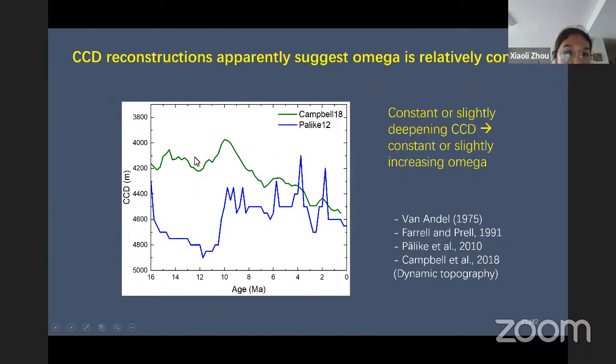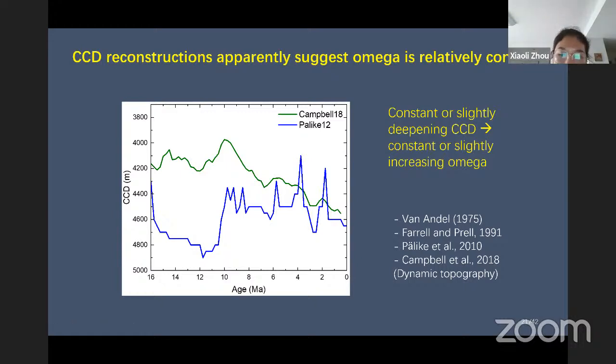The second record has considered the changes in topography. Both records have shown that the CCD has been relatively constant or slightly deepening in the past 16 million years. This means that the omega has also been constant or slightly increasing toward present.